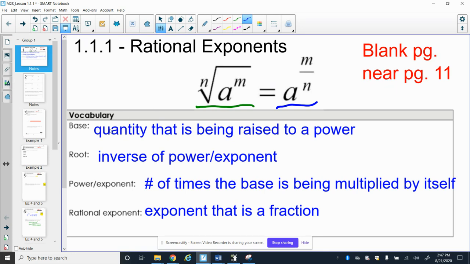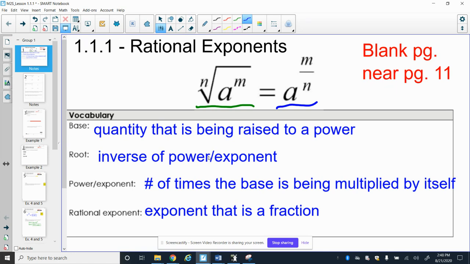First, we got to get some vocab down. So the base, that's the quantity that's being raised to a power. So like this example on the right here, A would be acting as our base. A root, that's the inverse of a power and exponent. So examples of roots, that would be like square rooting a number, cube rooting a number. Those are roots. It's the opposite of raising it to that power. So taking the square root is the inverse of squaring a number.